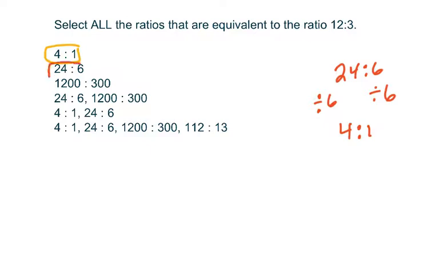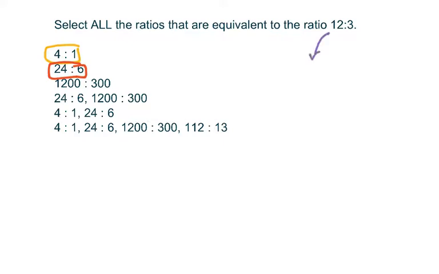You may have done it also by multiplying. Maybe you took 12:3 and you multiplied it. That's a possibility. And then let's take a look at 1,200:300. And I noticed that that is very simple to calculate using the 12:3 ratio.